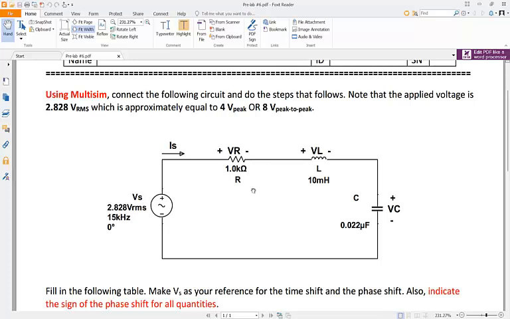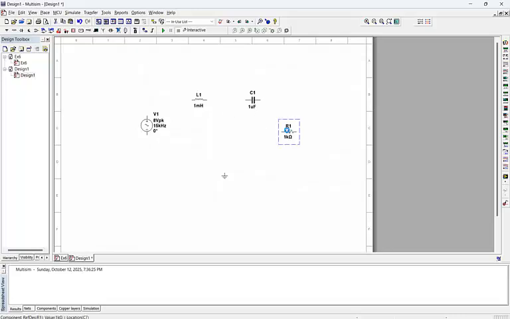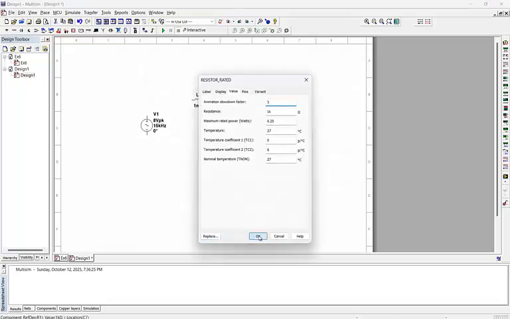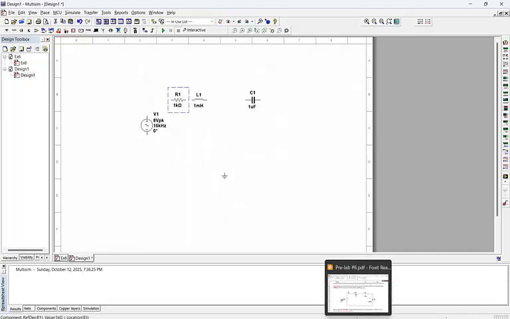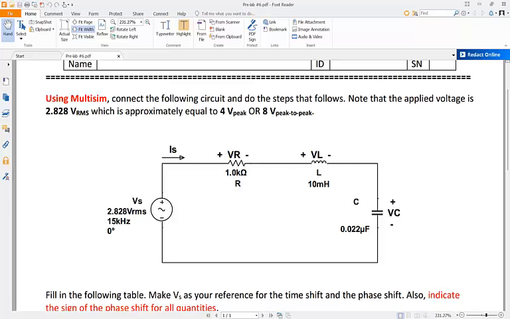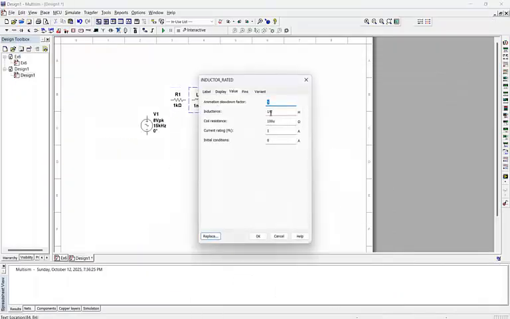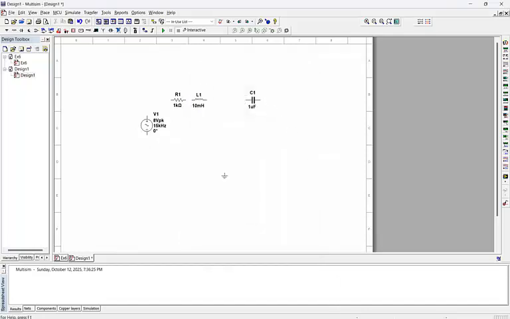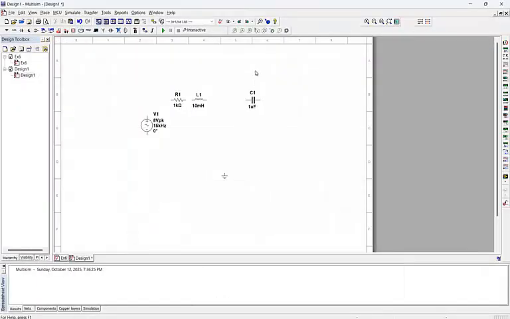So now let's configure the value for each component. We have here a 1 kilo ohm resistor. After that we have 10 millihenry. And for the capacitor we have 0.022 microfarad.